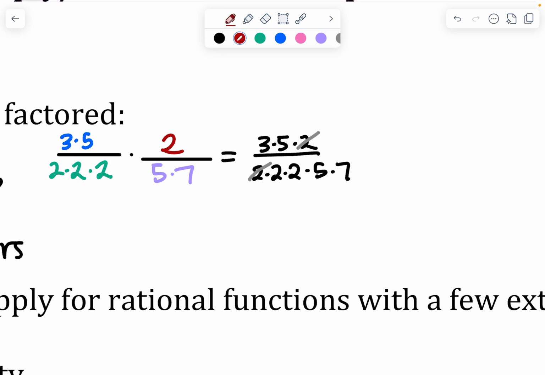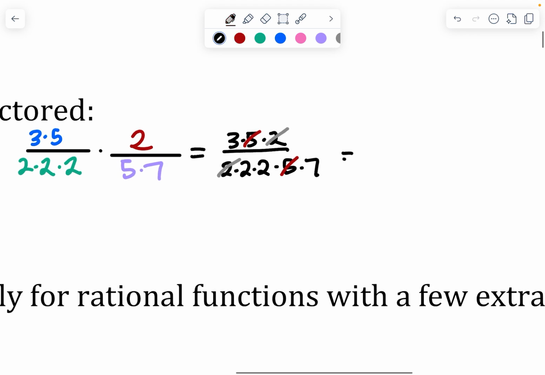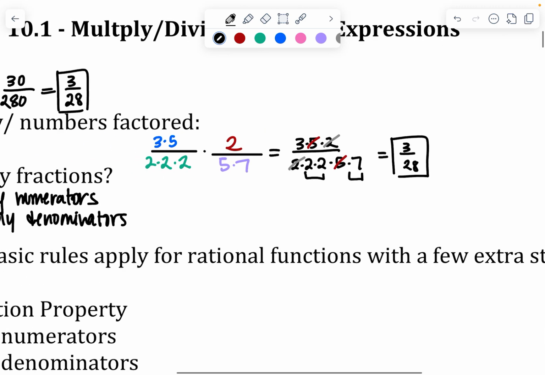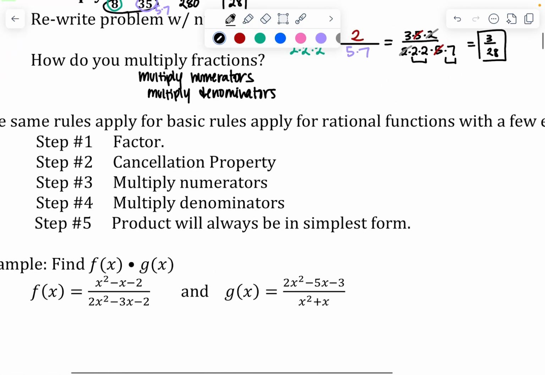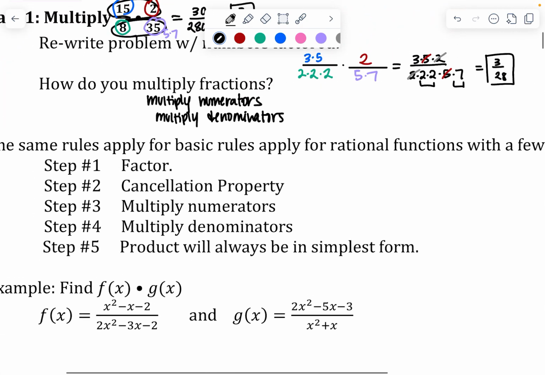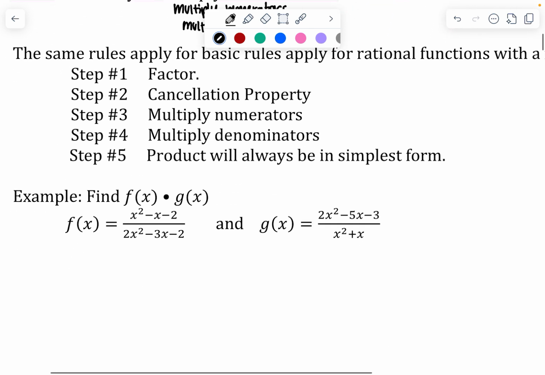And then I also see a 5 on top and a 5 on bottom. And so that leaves me with just a 3 on top and then a 4 times 7, 28. So we get the same answer, but it just keeps the numbers small to just factor everything and cancel. And so that's the method we're going to use for these functions. We're going to factor everything that's factorable and then just cancel everything that's on top and on bottom.